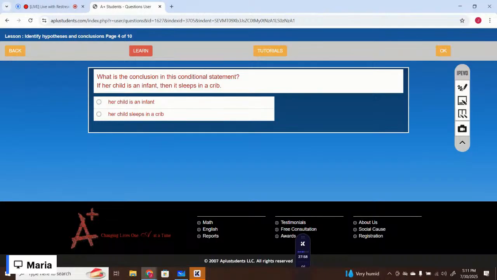What is the conclusion in this conditional statement? The conclusion is her child sleeps in a crib. Option number two is the correct option.